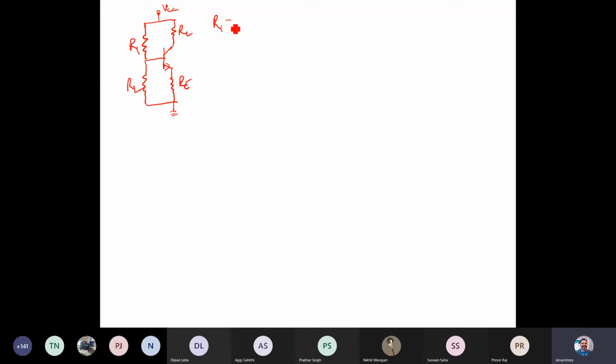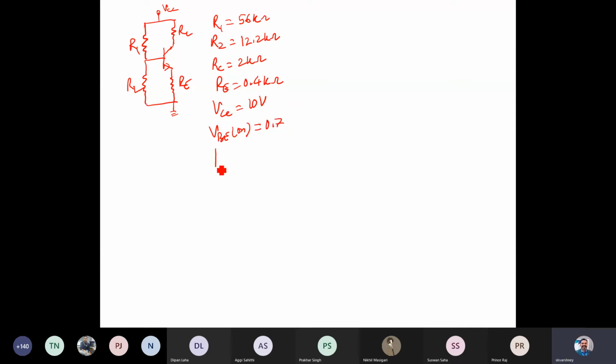Let's say R1 is 56 kilo ohm, R2 is 12 kilo ohm, RC is 2 kilo ohm, RE is 0.4 kilo ohm, VCC is 10 volt, VBE on is 0.7, and beta is equal to 100, right? So we have to do the analysis part.